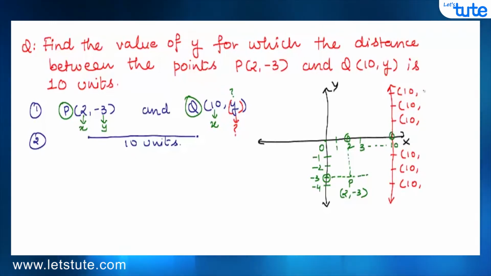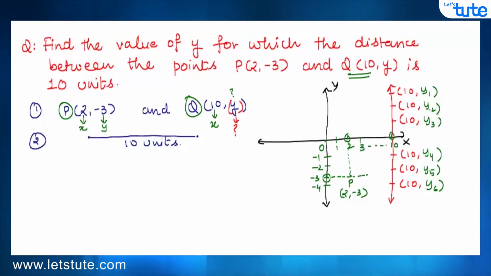For example, let us say the y coordinates of these points are y1, y2, y3, y4, y5 and y6. So we have the same x coordinate on this line, that is 10, with different y coordinates, and our point Q is one of them.